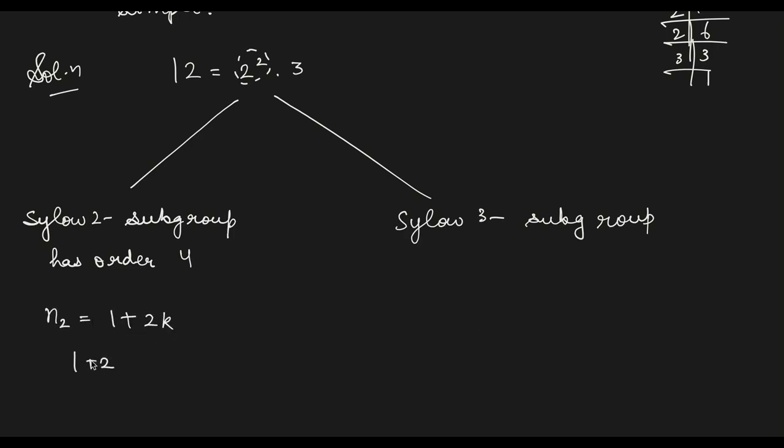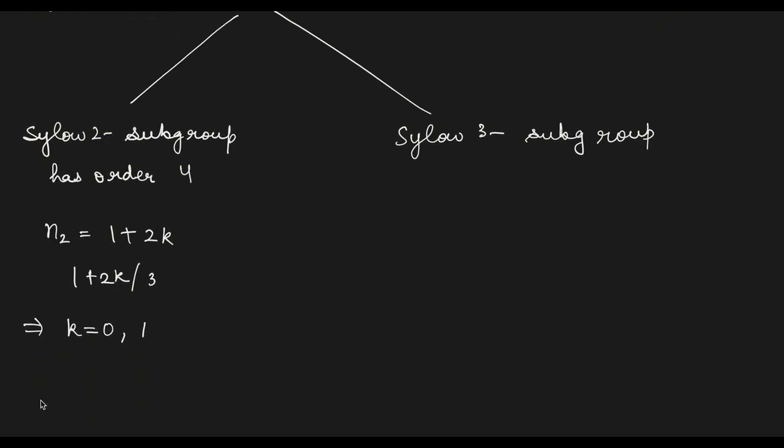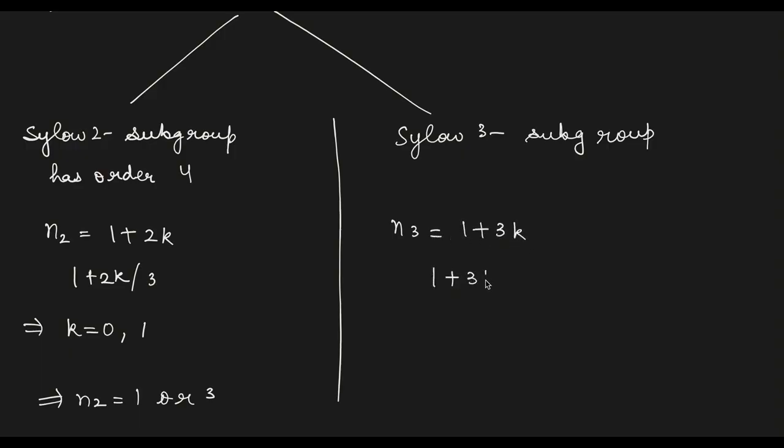So 1 plus 2k divides 3. So k will be either 0 or 1. So n2 is 1 or 3. n3 is 1 plus 3k. 1 plus 3k divides 4. So k will be 0 or 1. So n3 is 1 or 4.